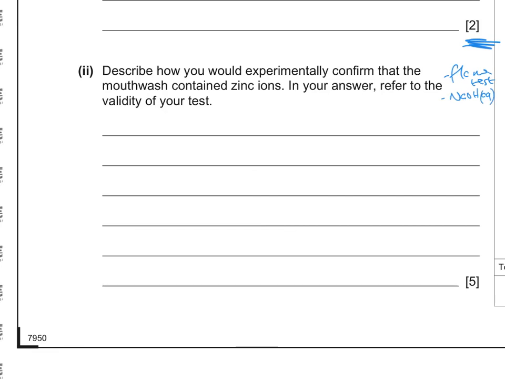The ammonia solution didn't come into it. So what I'm going to do is answer it using sodium hydroxide solution first of all, and then I'll give you the answer which you could now write using ammonia solution.